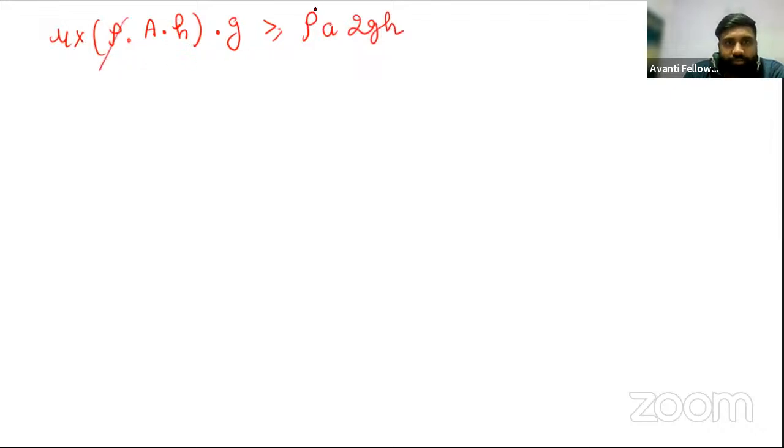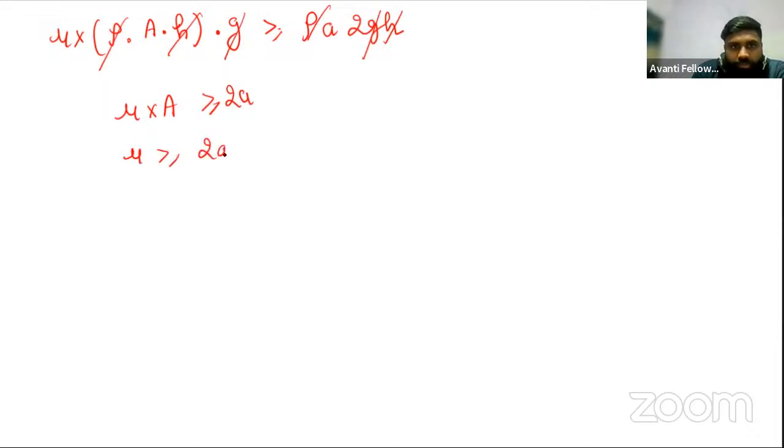Now you can cancel out rho, g, and h. So finally what do you have? Mu into capital A is greater than or equal to 2 into small a. Now mu is greater than or equal to 2a by capital A.